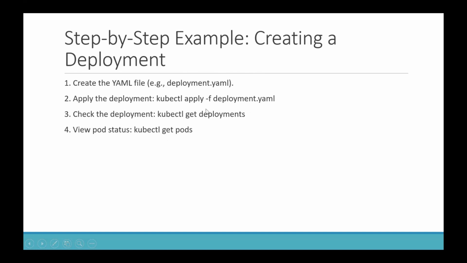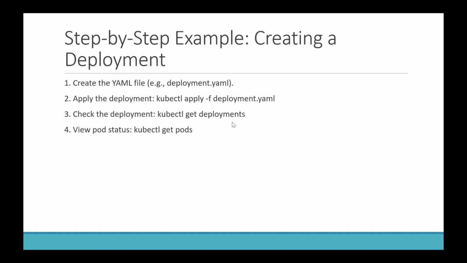And if you want to list the replica set, you can list it with kubectl commands, which will be created as part of the deployment. So if you are creating one deployment, the resources that will be created are the replica set and these pods.